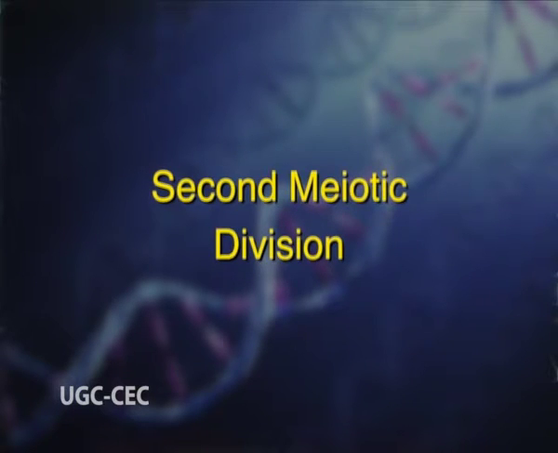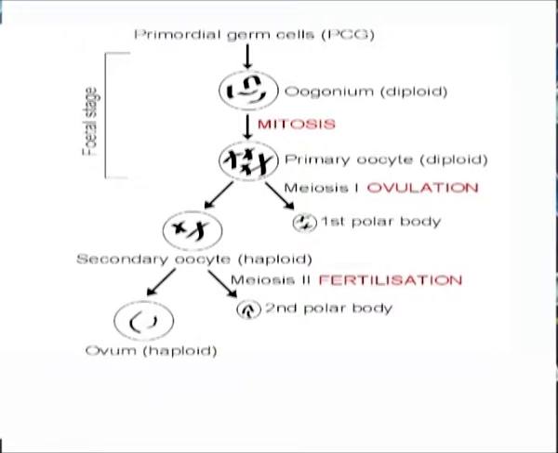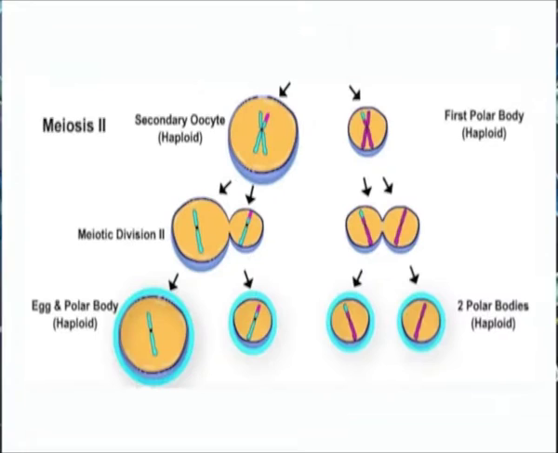Second meiotic division. The haploid secondary oocyte and first polocyte pass through the second meiotic division and form a mature egg and a second polocyte. By the second meiotic division, the first polocyte also divides into two secondary polocytes.